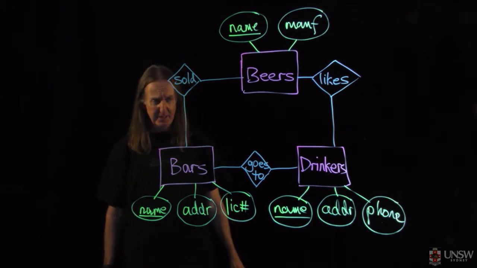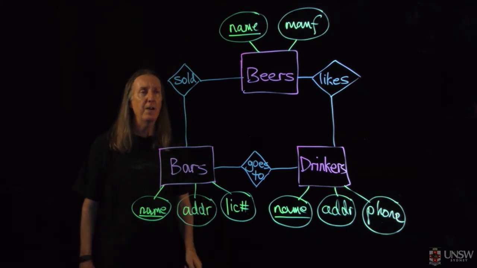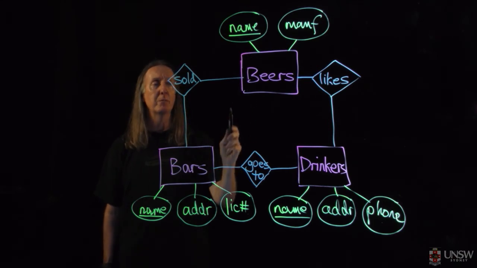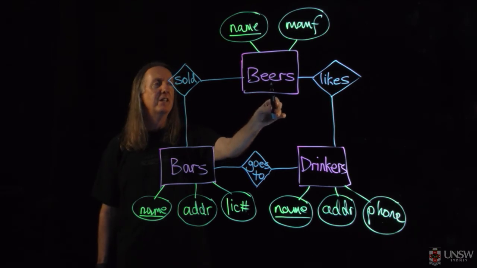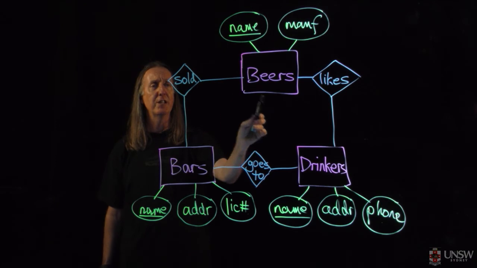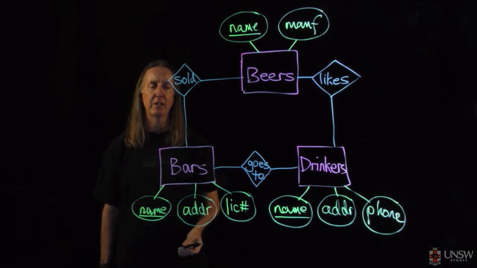Now, the other piece of information involved in the system here is the fact that the price of a particular beer can vary from bar to bar. So Carlton Draft may cost $2.50 at the Coogee Bay Hotel and may cost $5 at the Royal Albert Hotel.